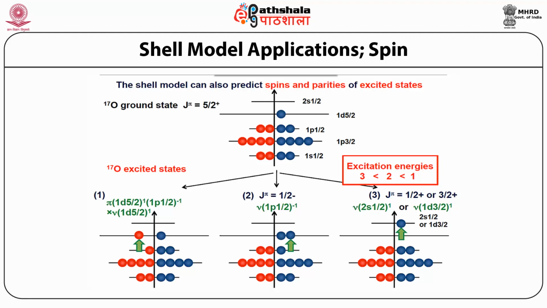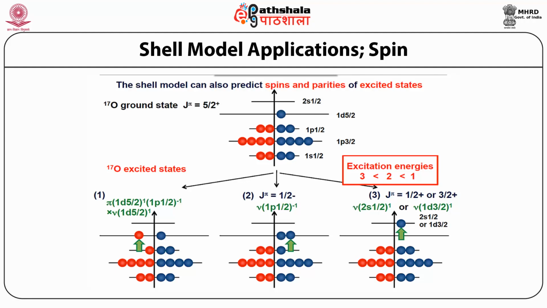So, the corresponding configuration for this excited state will be nu 1p1/2^-1, and since the odd neutron is occupying the 1p1/2 orbital, the excited state spin and parity as per the shell model will be J pi equal to 1/2 minus.